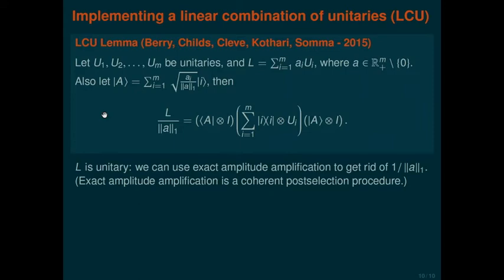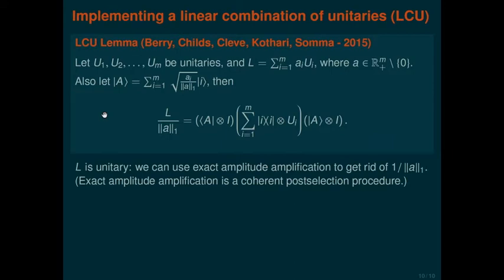So in our case, L actually is unitary, or at least very close to unitary, up to negligible error. Therefore, you actually know the success probability. And it's a well-known fact in the follow-up literature of amplitude amplification that if you know the success probability of some quantum procedure, then you can use so-called exact amplitude amplification, which will give you the success branch with certainty.